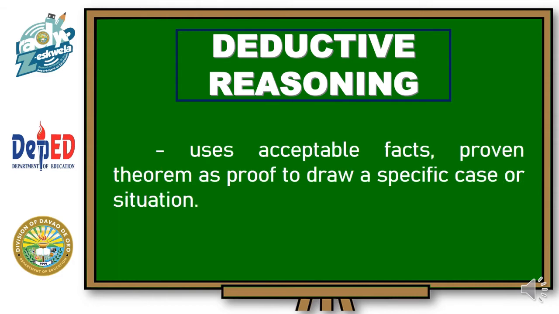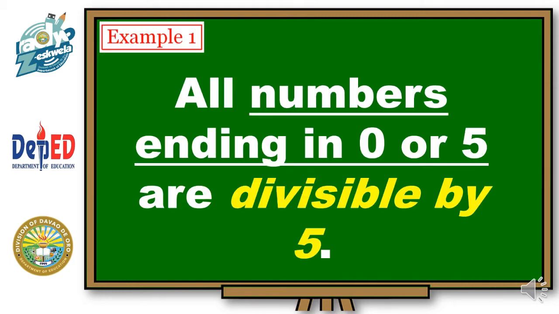It is another way of saying that deductive reasoning uses acceptable facts, proven theorem as proof to draw a specific case or situation. Let's have examples that show deductive reasoning.